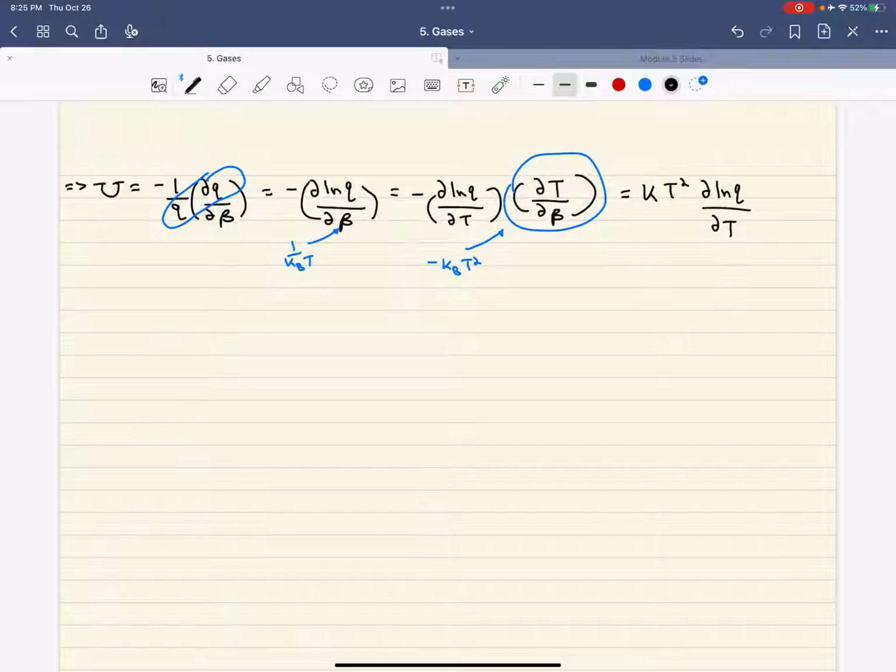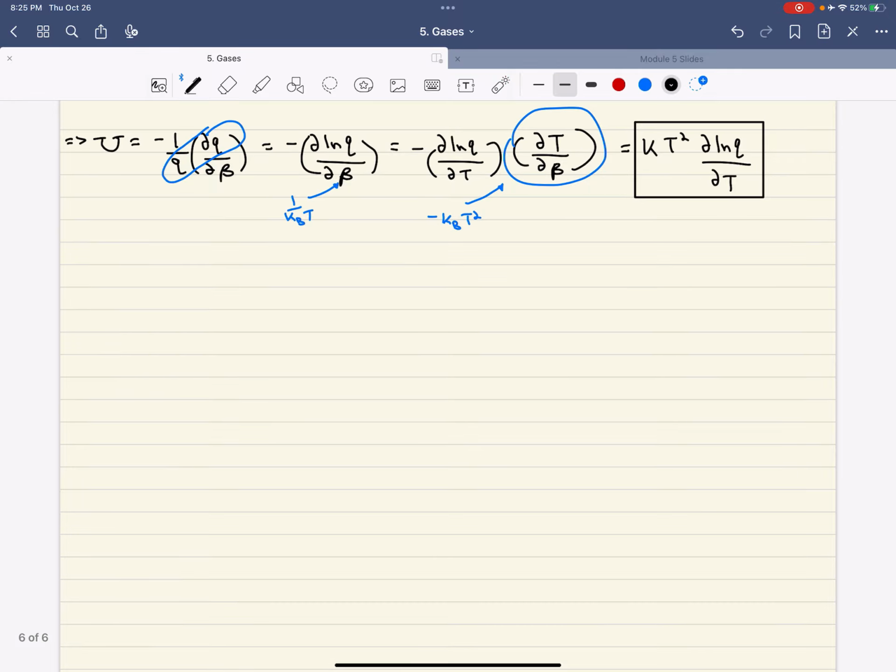Okay? All right, so we have an expression for the internal energy for the individual particle, right? And so if we have knowledge of what our partition function is, then we could calculate the internal energy of the system just by using this expression. All right, so this was for the individual particle. What we could do now is calculate the internal energy for the total system.